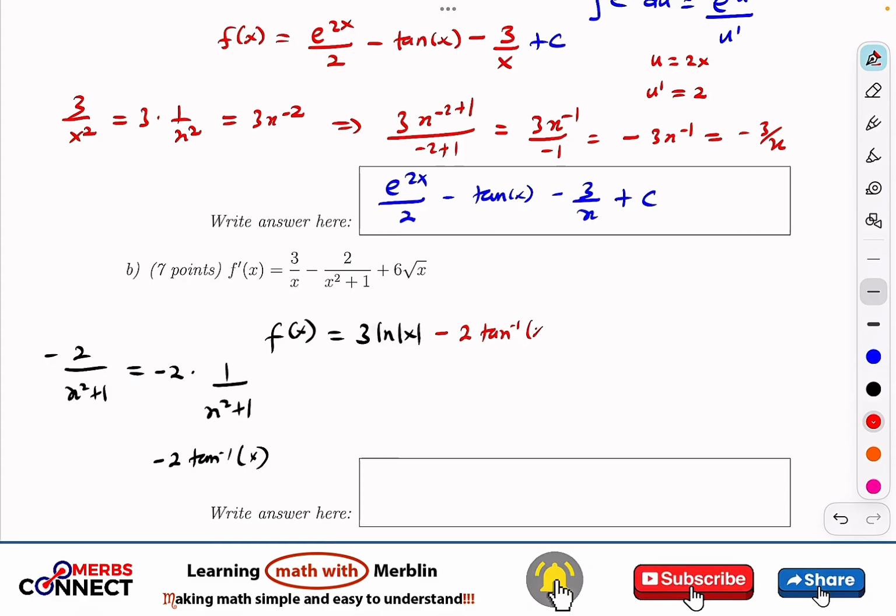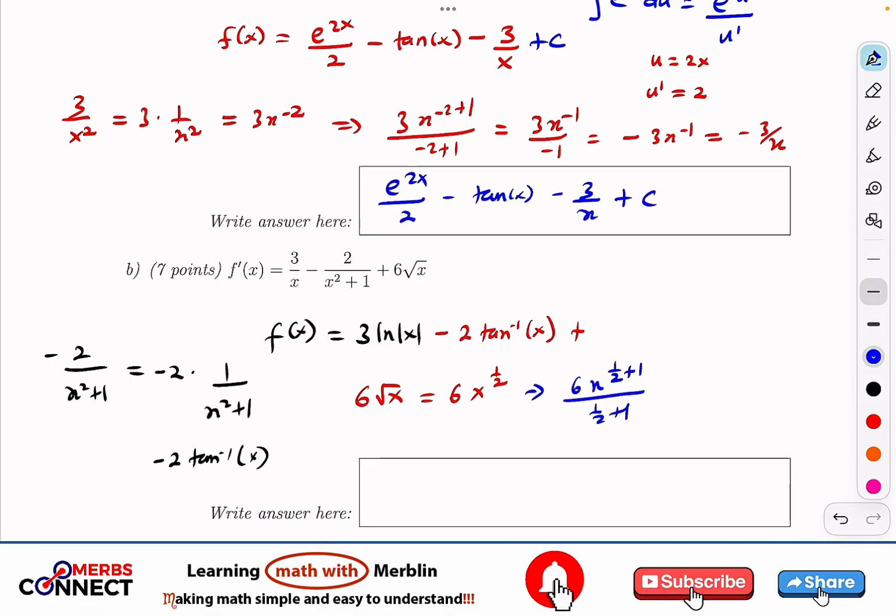So this is going to give us minus 2 arctangent or the tan inverse of x plus, now the last one to do here is 6 square root of x. What can we do here? Okay, this one too can be written as 6 x to the power 1 over 2, and we use the power rule for integration to do this. So this is going to be 6 times x to the power 1 over 2 plus 1 divided by 1 over 2 plus 1.